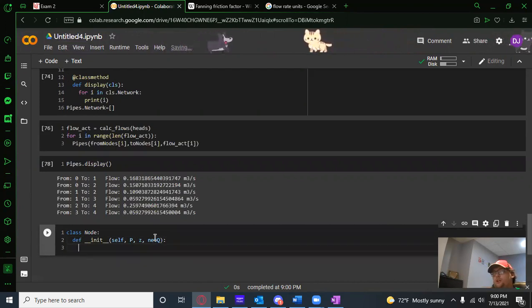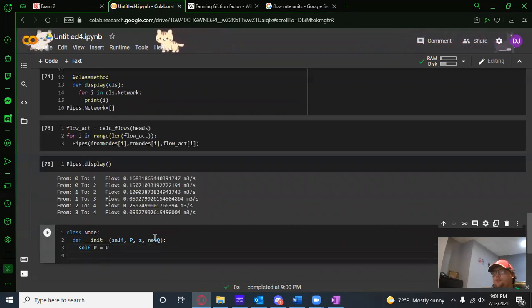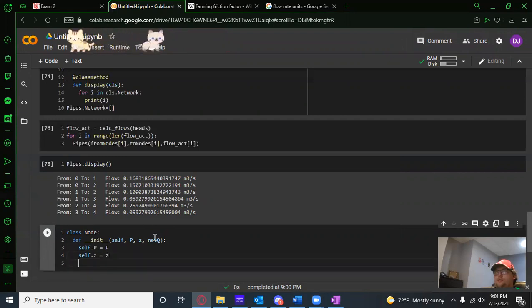So I've got to set self.p to p, not pending deprecation warnings. I hate when those happen. Self.z for z, and self.netQ to netQ.